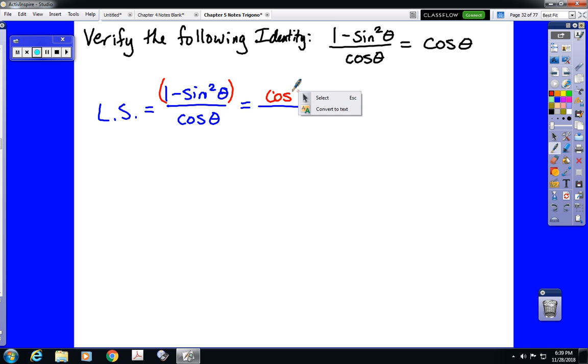So we're going to substitute cosine squared theta into that expression. That would give us cosine squared theta over cosine theta. Well, that would cancel. The exponent would cancel with the cosine on the bottom, leaving cosine theta, which is the right side of the expression.